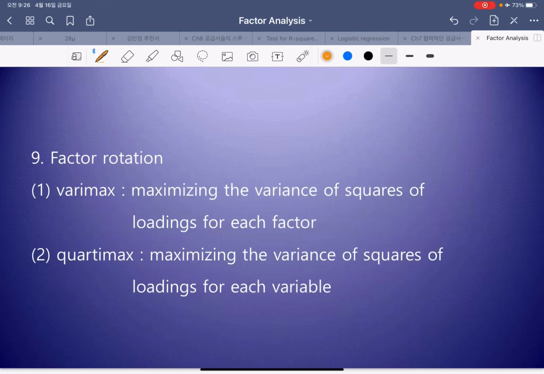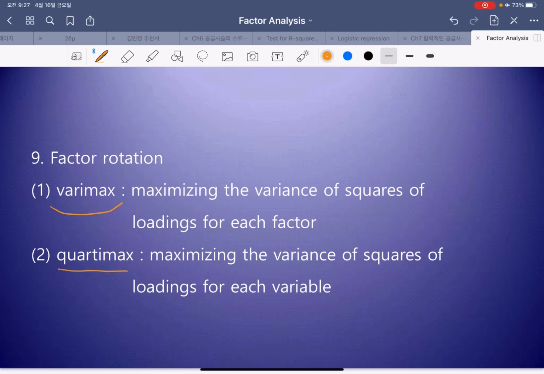Now let's talk about factor rotation. If you have clear differentiation among factors in terms of factor loadings, you don't need to do the factor rotation. If the difference among factors is not clear, then you need to do the factor rotation to get better ones. In that case, you usually use either Varimax or Quartimax.